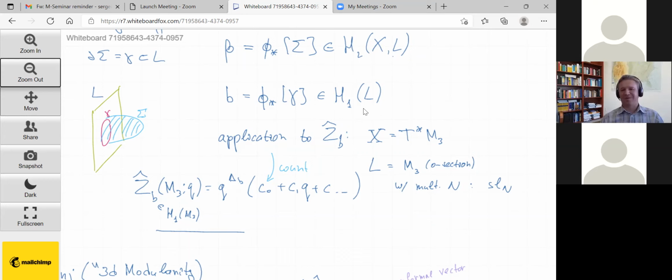In particular, your VOA probably can be constructed in terms of this Koha. Probably because this module is for open BPS states, but what acts on it, the only thing I can think of is a closed sector.